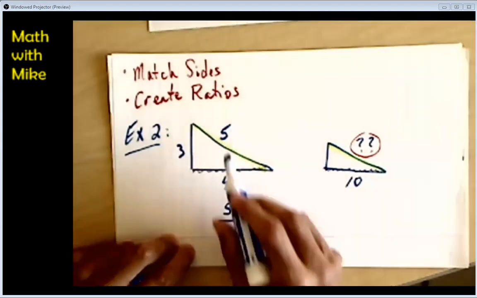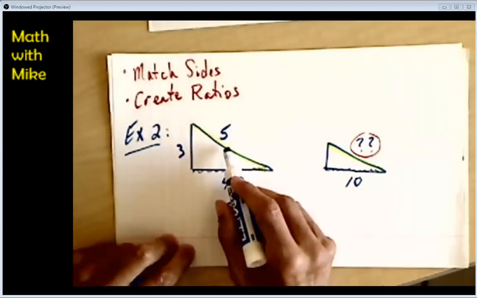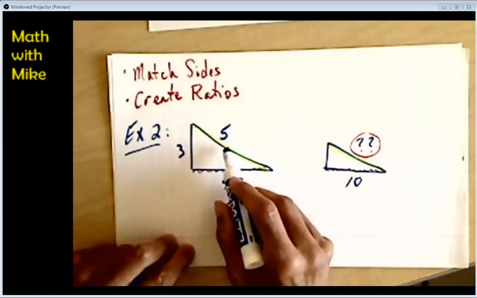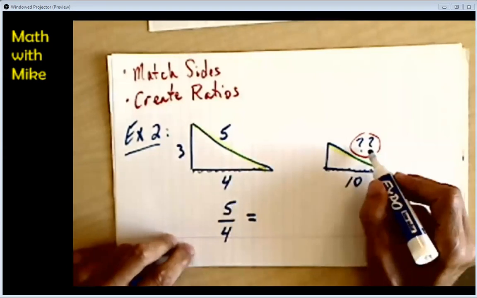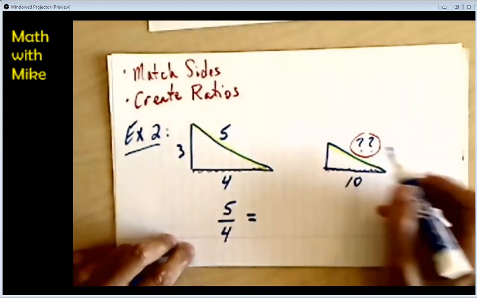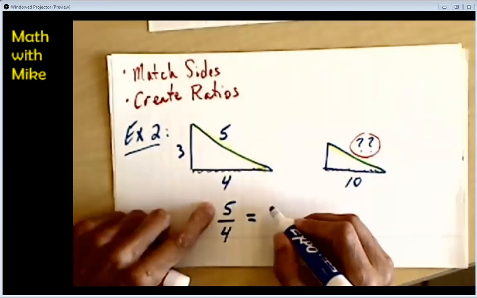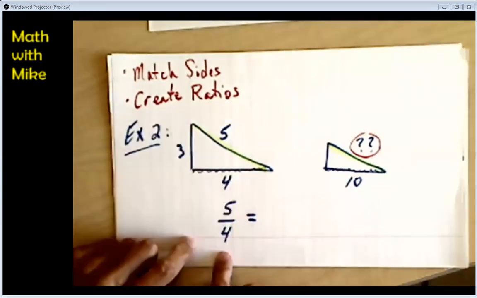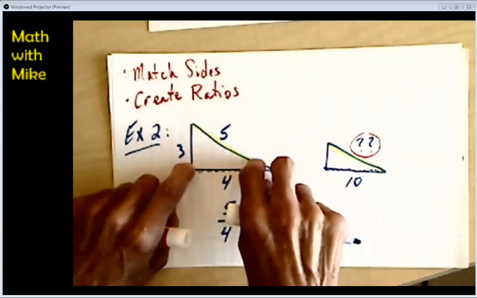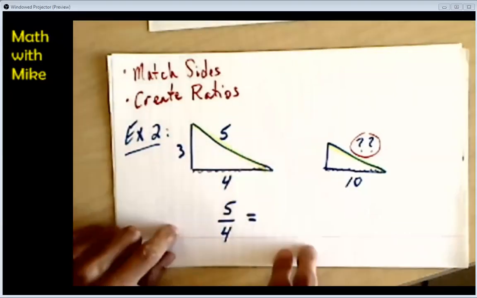And since 5 is on the top, this is important, we need this matching side on the top. No, these sides are in the same triangle. So these sides will be from that triangle.